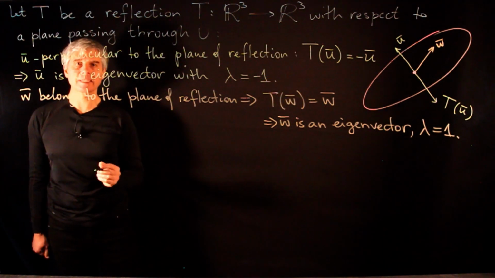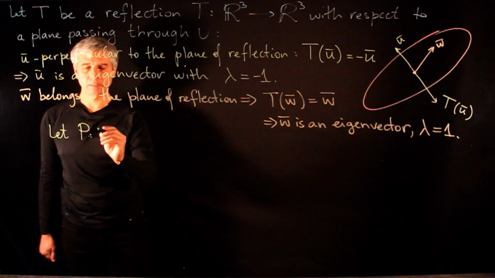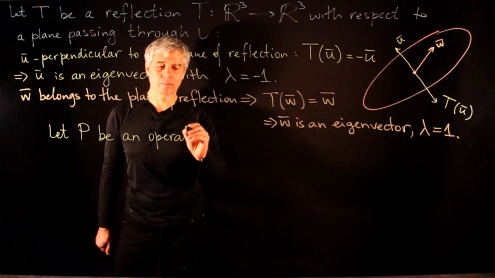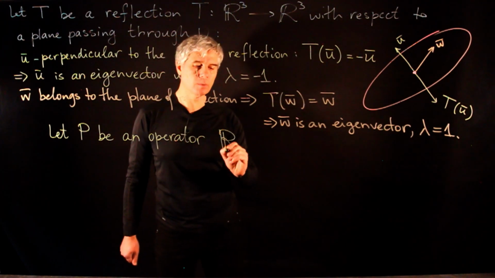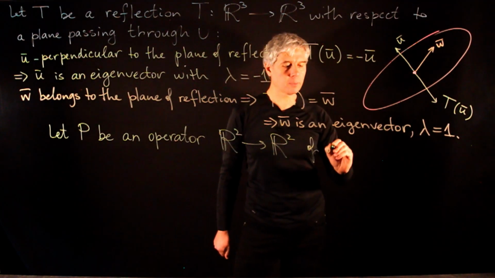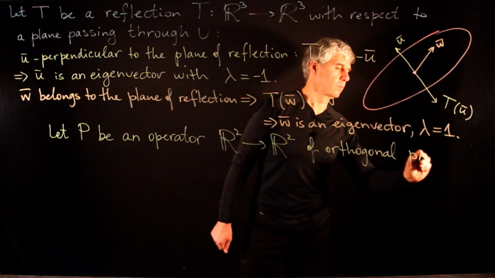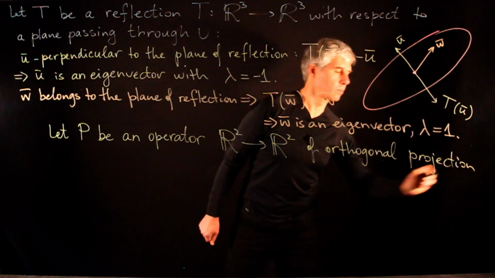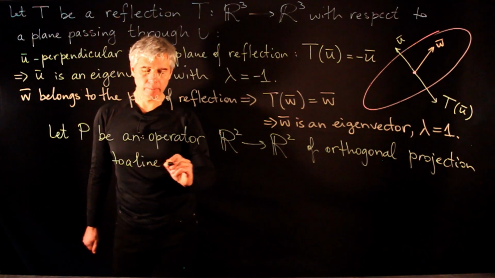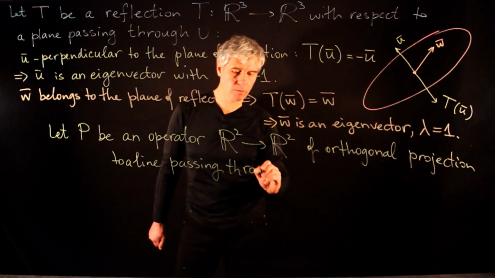For our next example, let us consider a projection operator. Let P be an operator from R2 to R2 of orthogonal projection to a line passing through the origin.